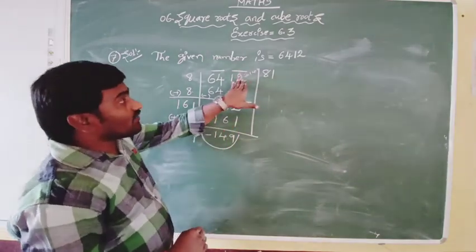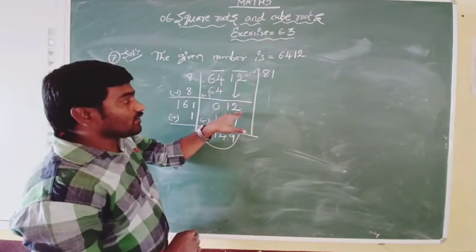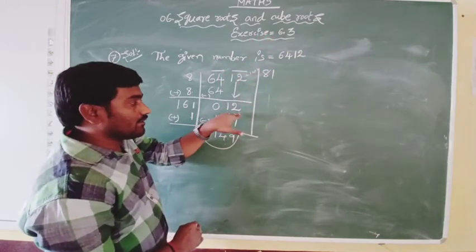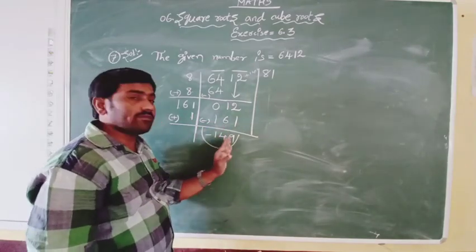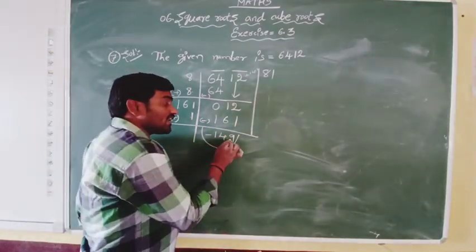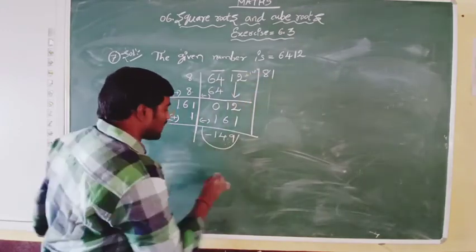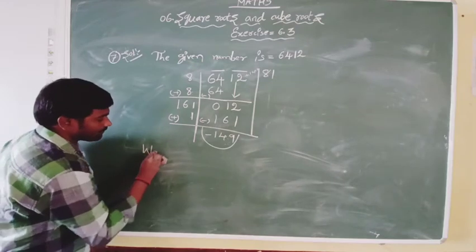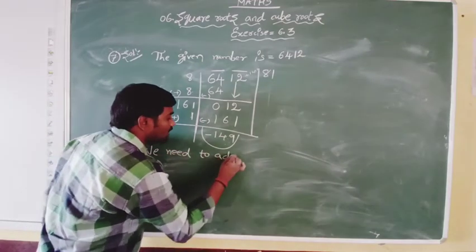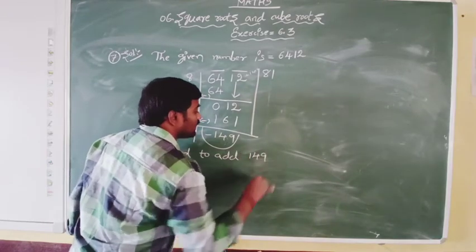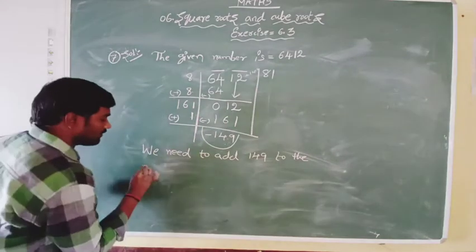If you add 149 to this number, then we get 161 as the remainder and 161 will be balanced, so we don't get any remainder. We got 149 because it is less in the given number. So we need to add 149 to the given number.